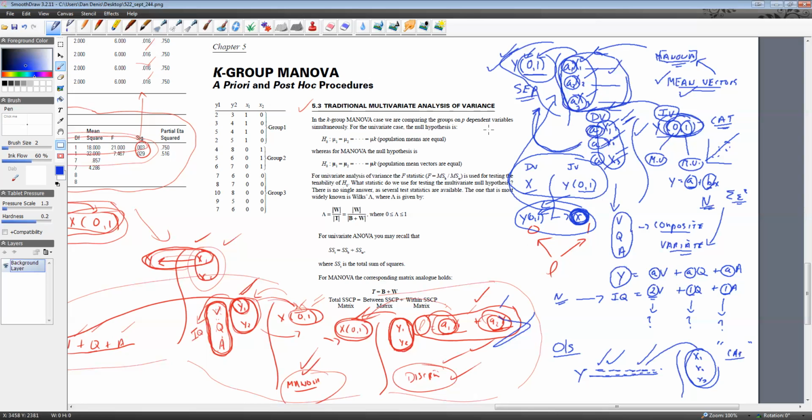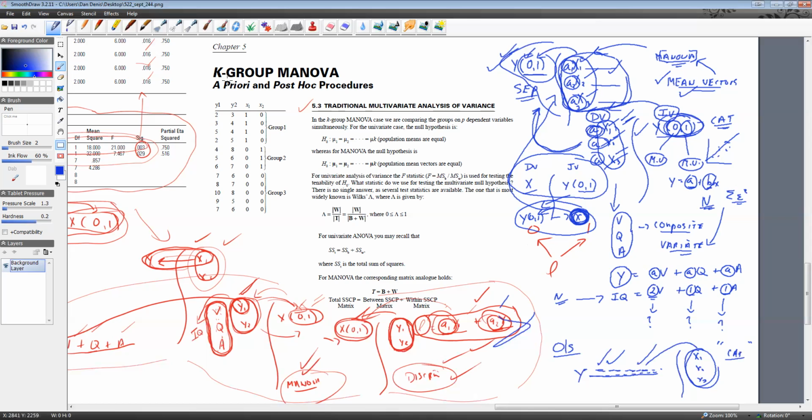You just do the MANOVA if you have to do a MANOVA. And why is that? For the same reason that you can do an ANOVA to account for a t-test. Programs will often not offer the Hotelling's t-squared option because they'll just tell you to go do a MANOVA. It's the same thing because it's on two groups. So that comparison happens as well.